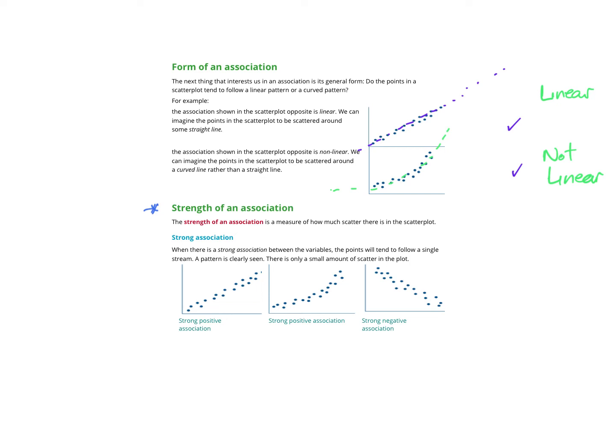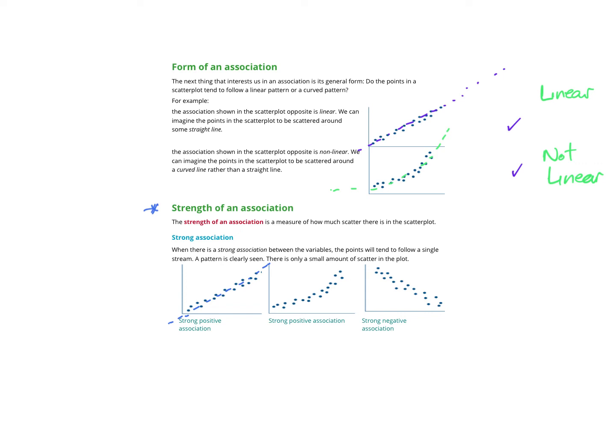So if I'm looking at these examples here, again, we're not talking about them lying exactly in a straight line, but drawing a trend line through that, you can very clearly see that the dots are just lying either side. So that would be strong, it would be positive, and it would also be linear in form.